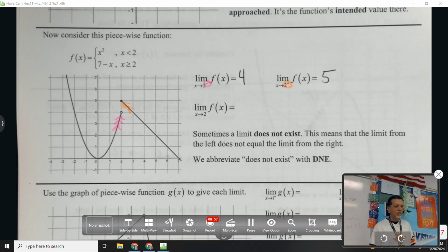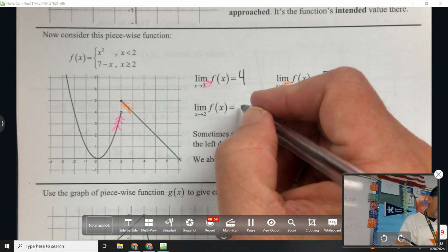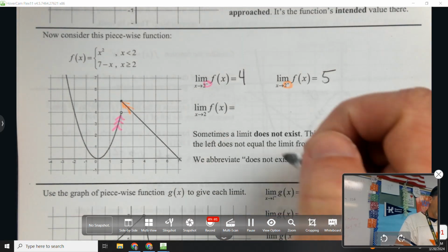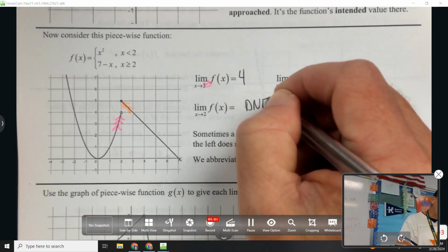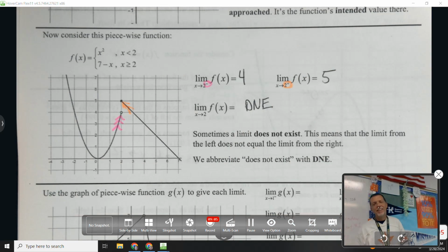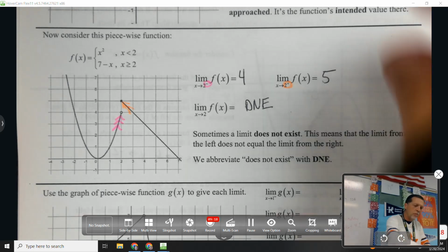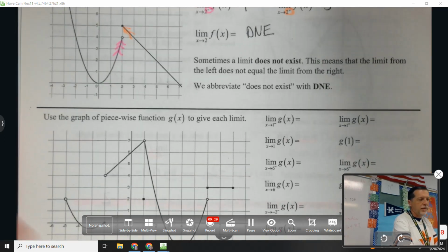Also not the answer. 1 because it's 1 apart. It's easier than all of those. It doesn't exist. They have to be going to the same point for the limit to exist. So there's not a silly rule about bigger or filled in dot or average. Nope. If they don't go to the same spot, then it doesn't exist.